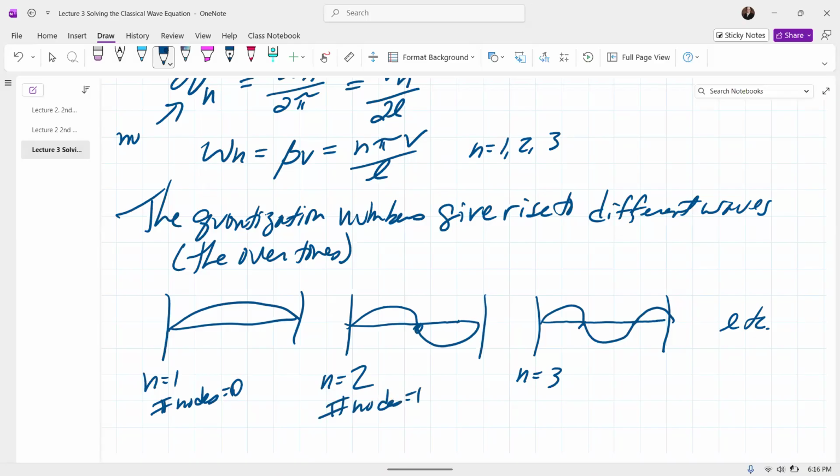There's a node. Number of nodes equals 2, and so on.